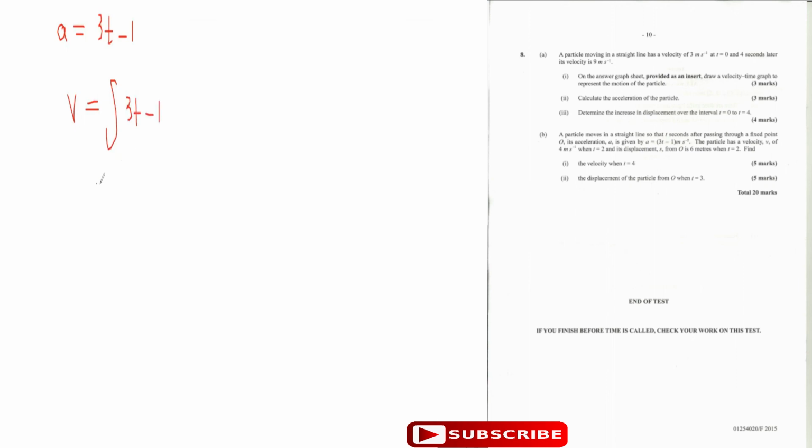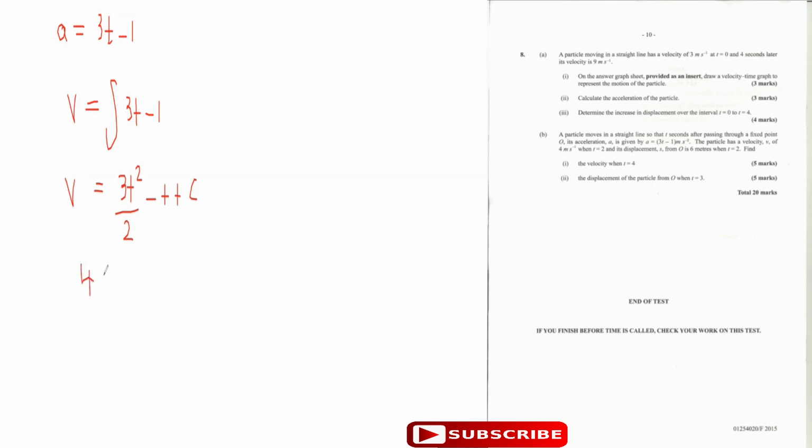So when you integrate 3t minus 1, what you're getting is 3t squared over 2 minus t plus some constant of integration. We can call that constant c. So that's the velocity. But it told us that the velocity is equal to 4 when t is 2.